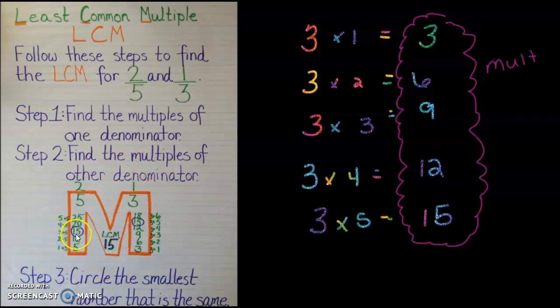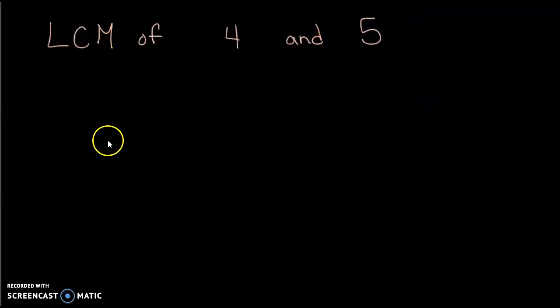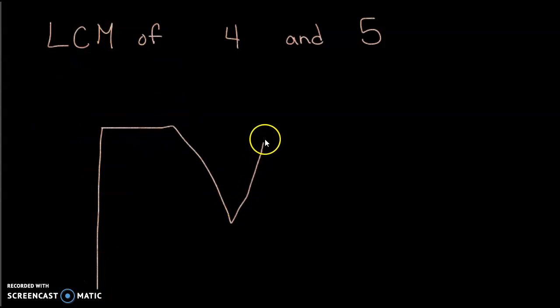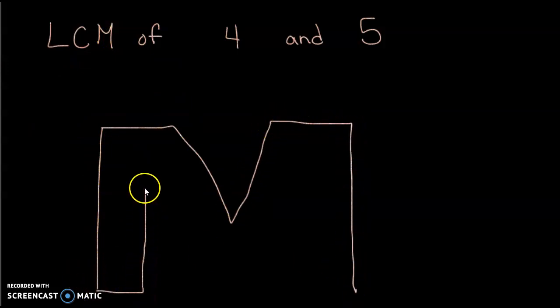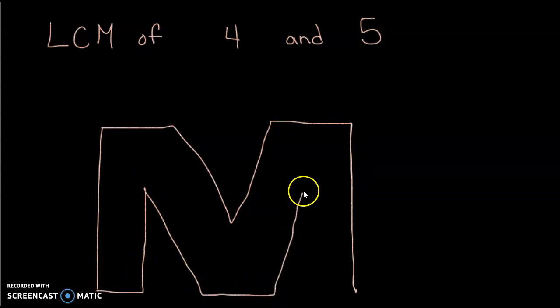It truly helps me understand that I'm finding that multiple and then finding the least of them. So we're going to do the number 4. Again, you can make a big M. You do not have to draw this M every single time, but I do.